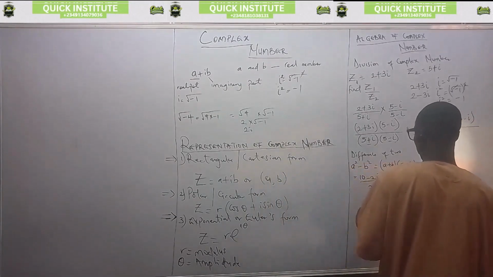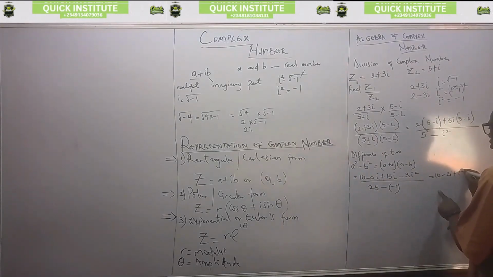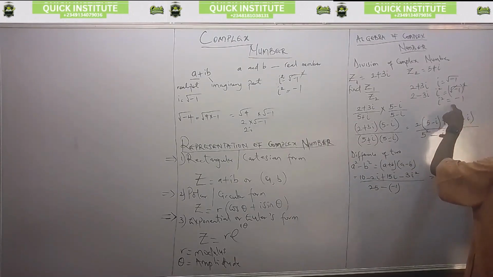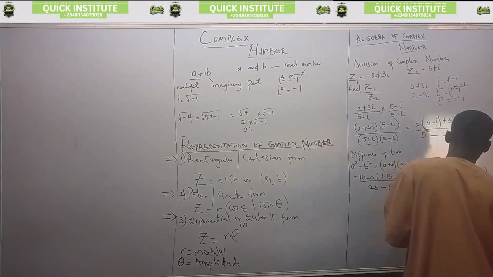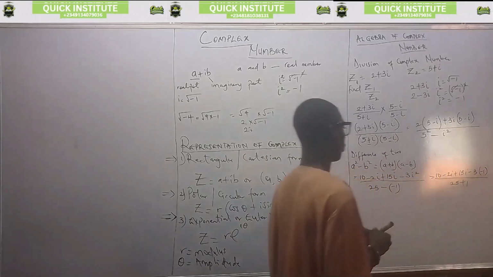So we have 10 minus 2i plus 15i minus 3 i squared, where i squared is minus 1, over 25 plus 1.